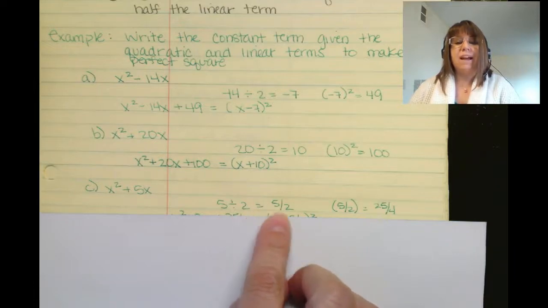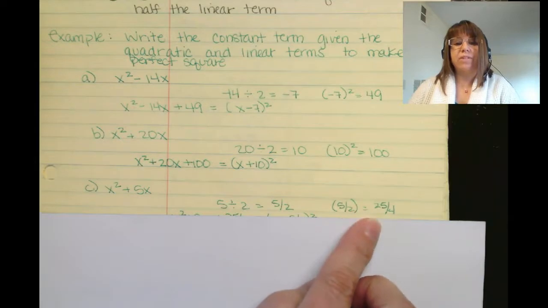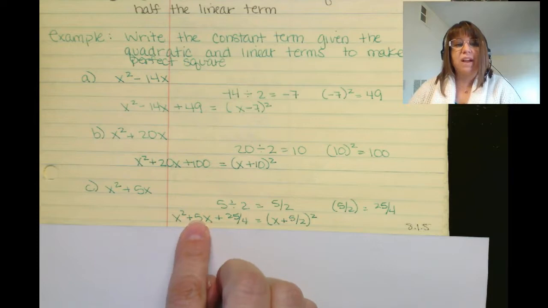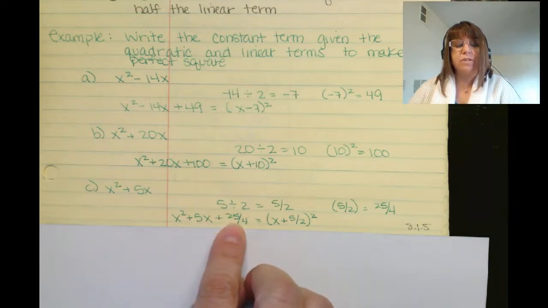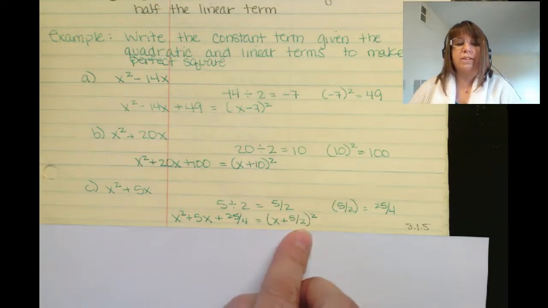That equals 5 halves. The square of 5 halves is 25 fourths. So x squared plus 5x plus 25 fourths will give us (x plus 5 halves) quantity squared.